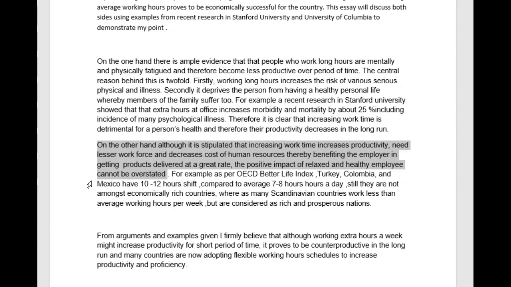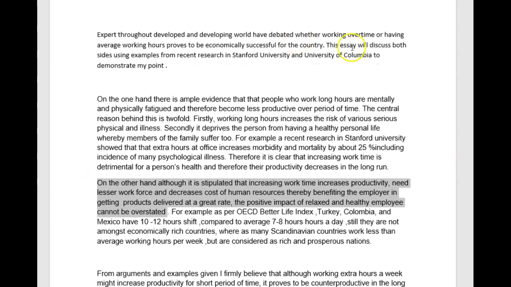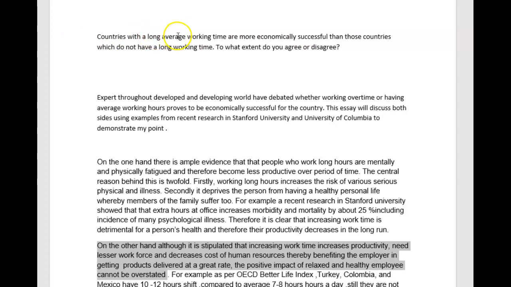So if you brought it back to the country in that first sentence again, it would have been more on topic, because remember, look at what it's saying. Countries with longer average working time, economically successful. It's not asking you so much about the individual, but it's asking about the country.